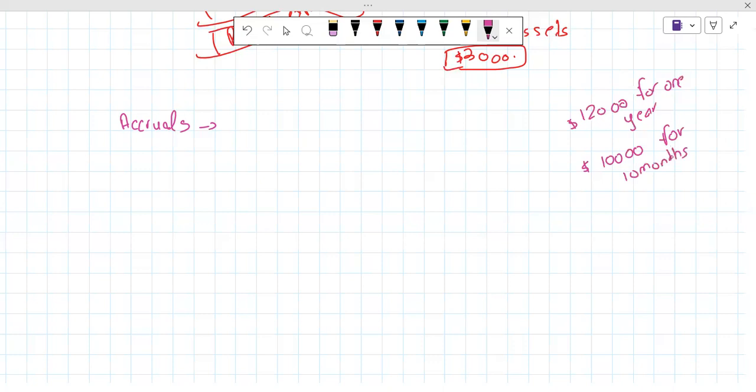So we are making the 2012 balance sheet, the 2012 statement of financial position. So what do we have to do? We just paid 10,000, but you're supposed to pay 2,000 more. Why? Because it is related to 2012 marketing expense.